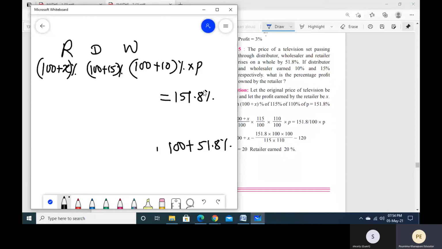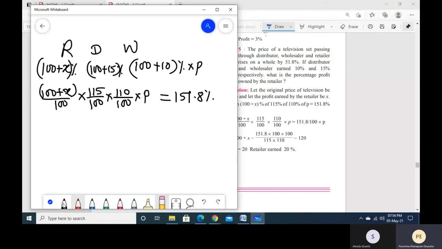Then just multiply all of them and we have to write. So that is 100 plus X upon 100 into 115 upon 100, because all are percentages, into 110 upon 100 into the original price P is equal to 151.8 upon 100. This is 151.8%. So all these 100 will get cancelled.